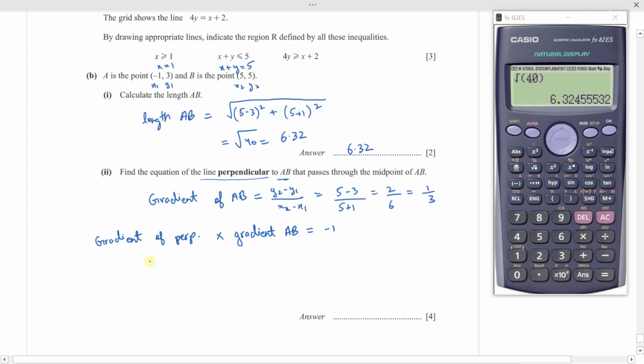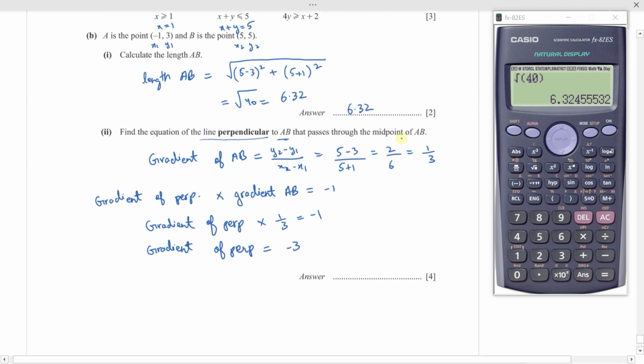So this will give you gradient of perpendicular into 1 by 3 equals -1. So the gradient of perpendicular will be -3.